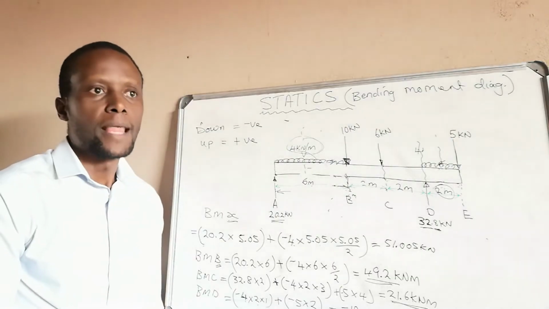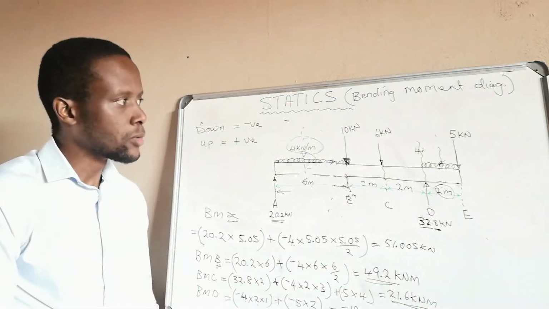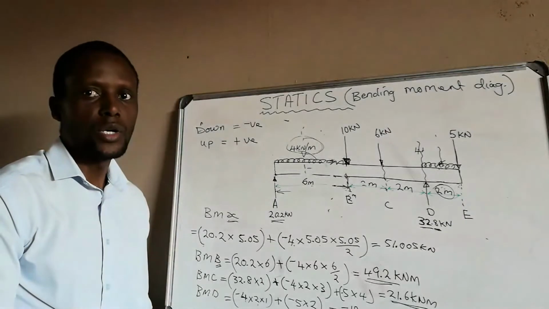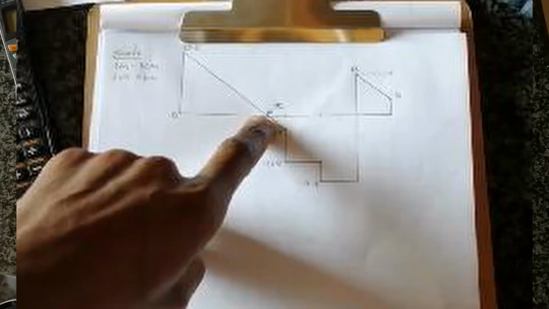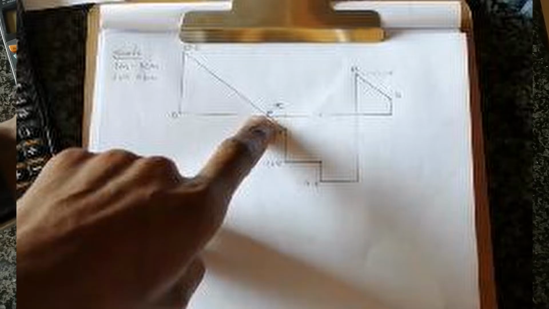Alright, so now we are going to draw the bending moment diagram, and I will take you step by step and just show you how to draw our bending moment diagram. Now we draw our bending moment diagram. As we can see from our shear force diagram, we have that point X, our point of interest, where we said the uniformly distributed load cuts through the zero line.